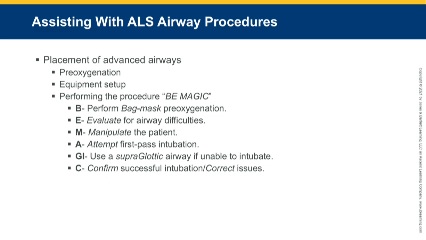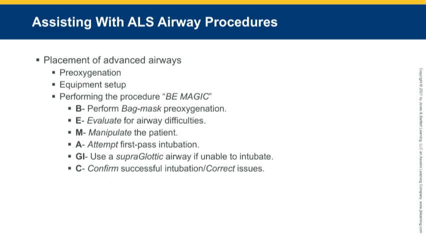In some cases, advanced life support (ALS) airway procedures may be required to secure a patient's airway. As an EMT, your role is to assist advanced providers in performing procedures such as endotracheal intubation or supraglottic airway insertion.